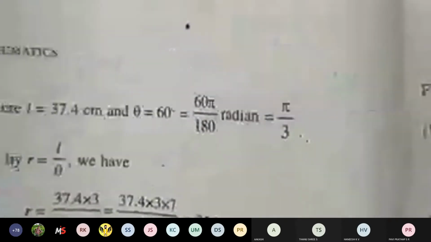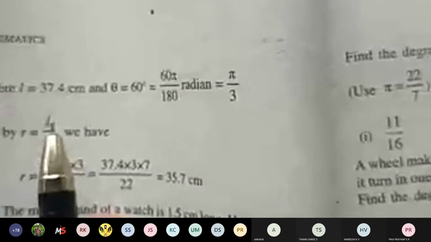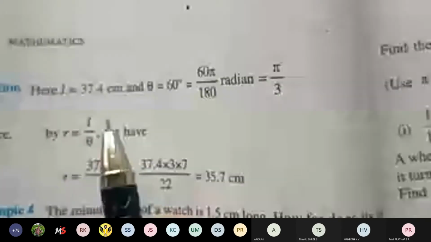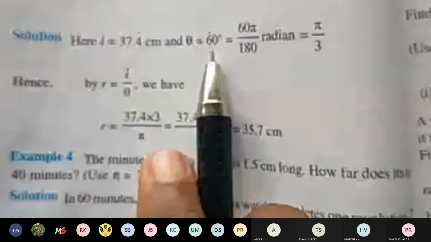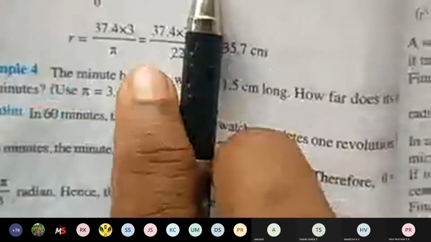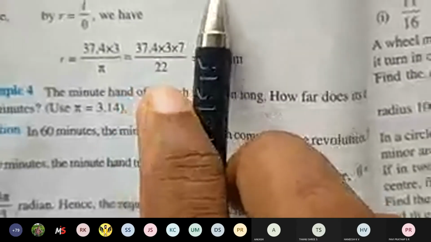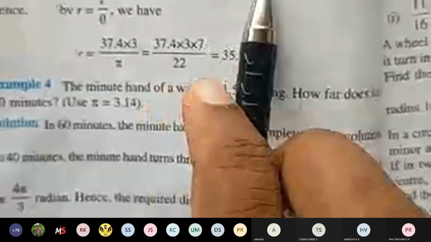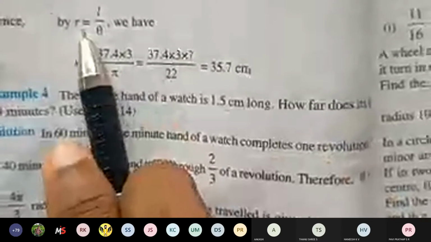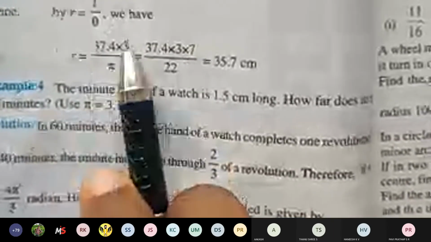In this problem, length is equal to r theta. That is the formula. Length is given as 37.4. Theta is given as 60 degrees. Converting 60 degrees to radians: 60 into pi by 180, the 0 gets cancelled, so pi by 3. So r is equal to L by theta. L value is this one. Okay, 1 minute.